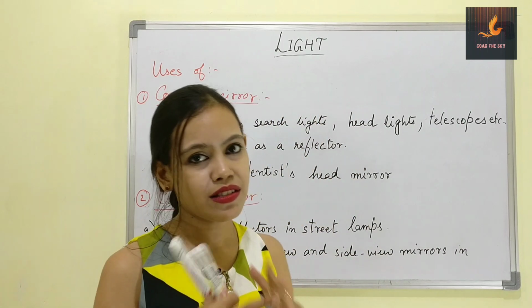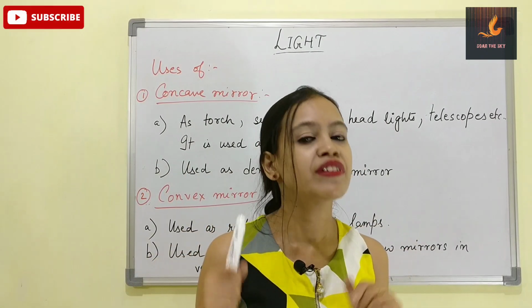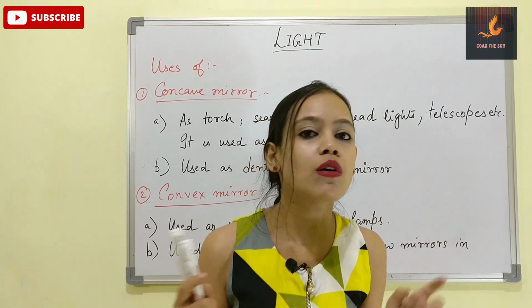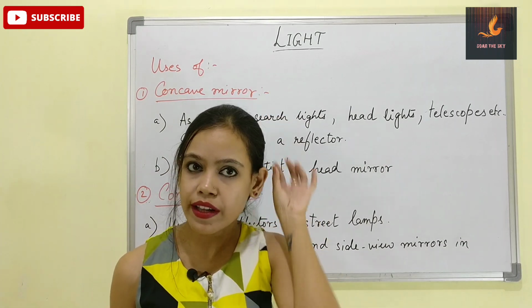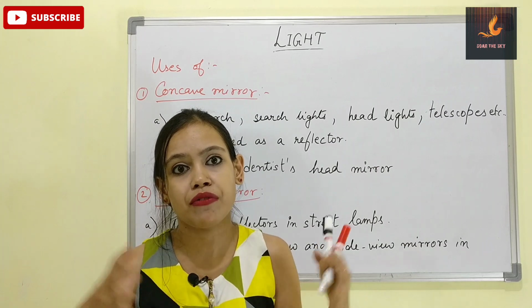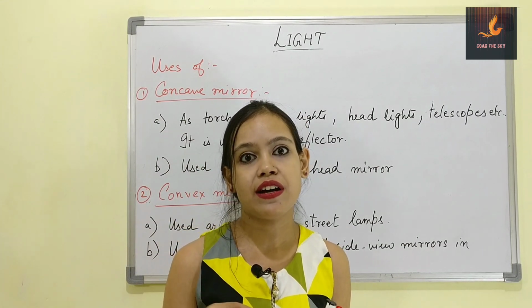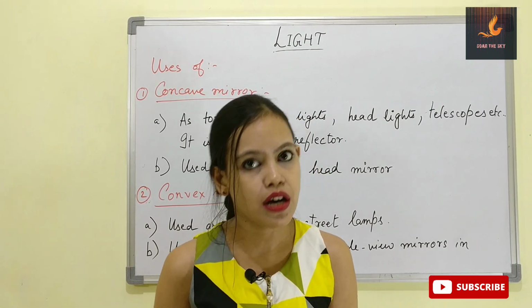So in order to magnify, as I told you, a concave mirror creates an illusion of largeness. So he or she uses a concave mirror attached on their head, which will reflect and give an illusion of a large mouth, hence showing the problem areas in a magnified way so that the dentist can treat our problems.